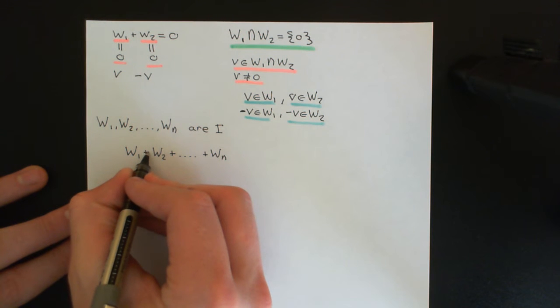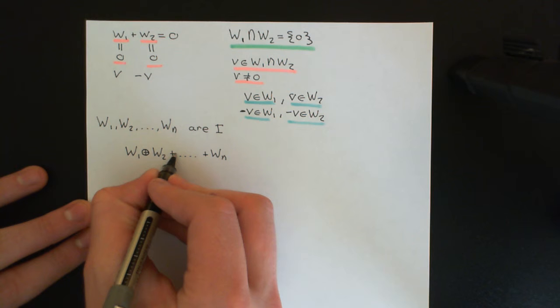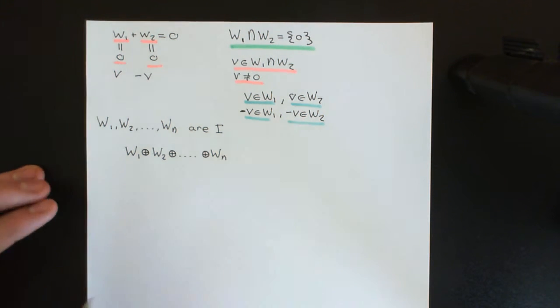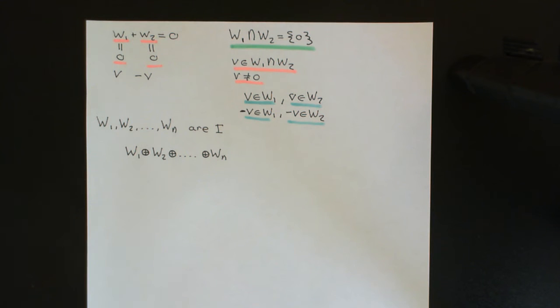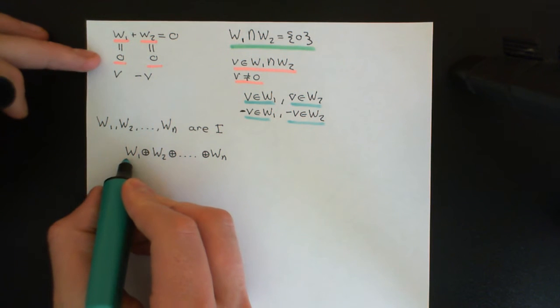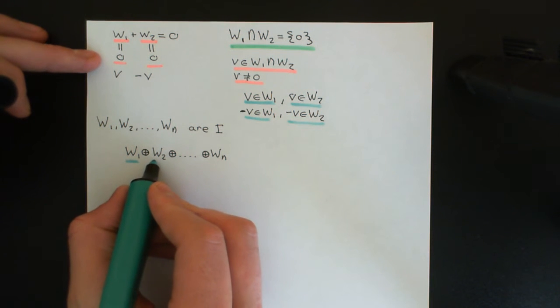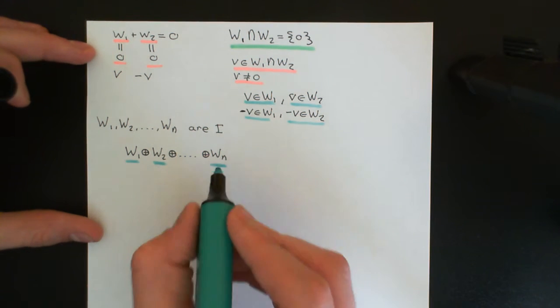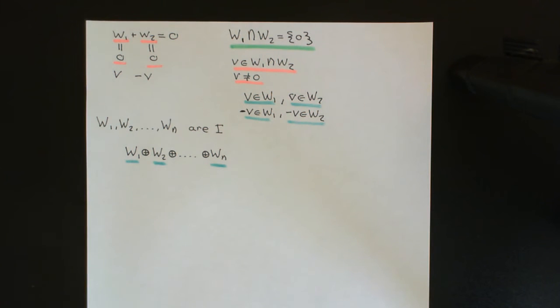It's just a special case of it where the subspaces that we're summing up are independent, and it's actually denoted with a separate symbol. What we do is we put all of the plus symbols in circles, and write the subspace capital W1 circle plus the subspace capital W2, etc., all the way down to the subspace capital Wn.